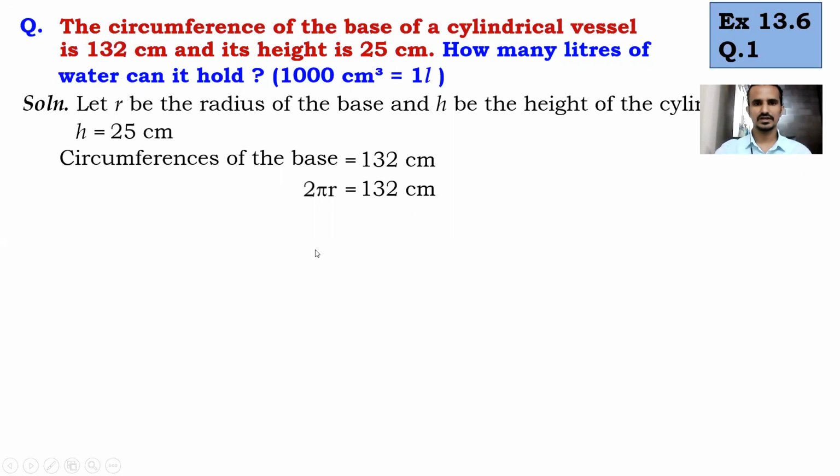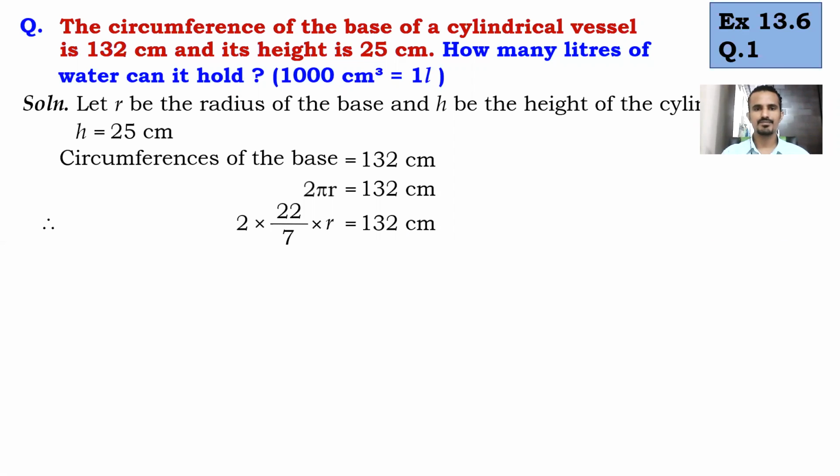Circumference of the base is 132 centimeter, therefore 2 pi r is equal to 132 centimeter. From this we can calculate r. We'll put the value of pi: 2 into 22 upon 7 multiplied by radius is equal to 132.